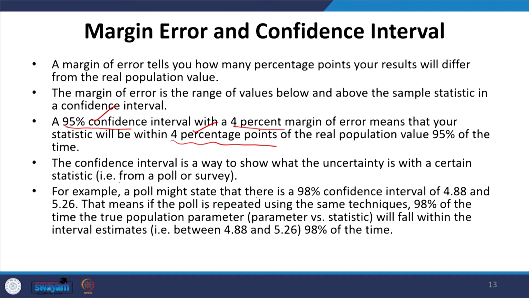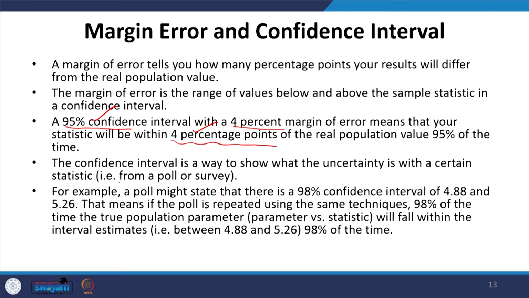The confidence interval is a way to show what the uncertainty is with a certain statistic. It gives a lower and an upper limit in a poll or a survey.